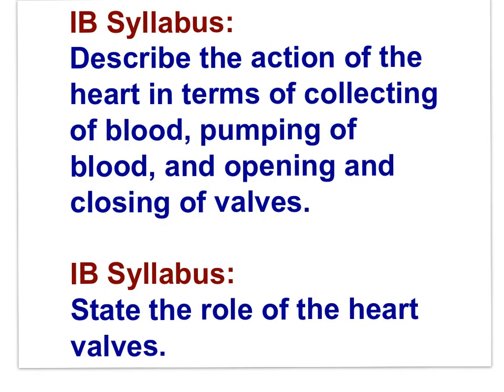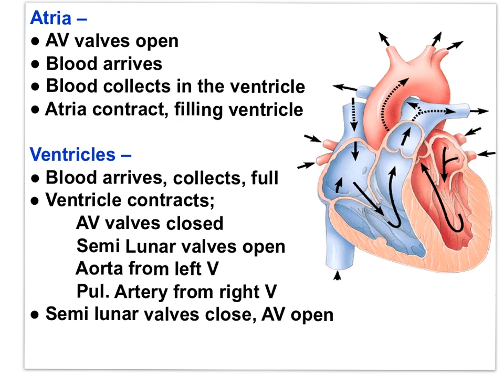So that brings us to these two IB syllabus statements. Describe the action of the heart in terms of collecting of blood, pumping of blood, and the opening and closing of valves. State the role of the heart valves. Starting from a relaxed condition of the heart, the atrio-ventricular valves here are open.